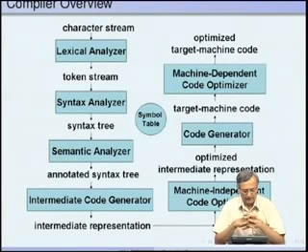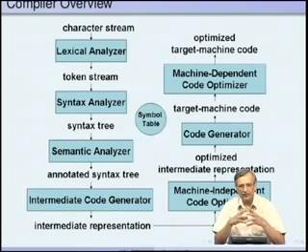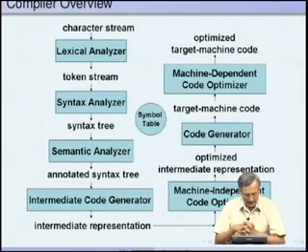So, for example, the lexical analyzer takes the program which is given in the form of characters, right. The characters are all read from a file, and then the lexical analyzer converts it into what is known as a token stream. So, why are these needed? We will see very shortly.